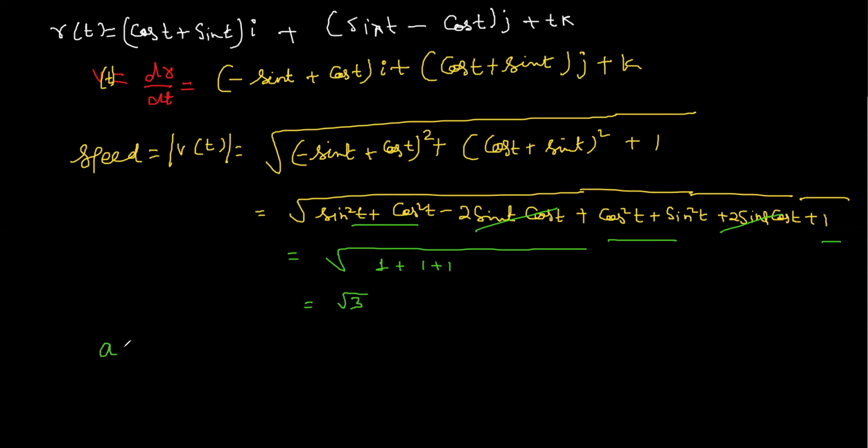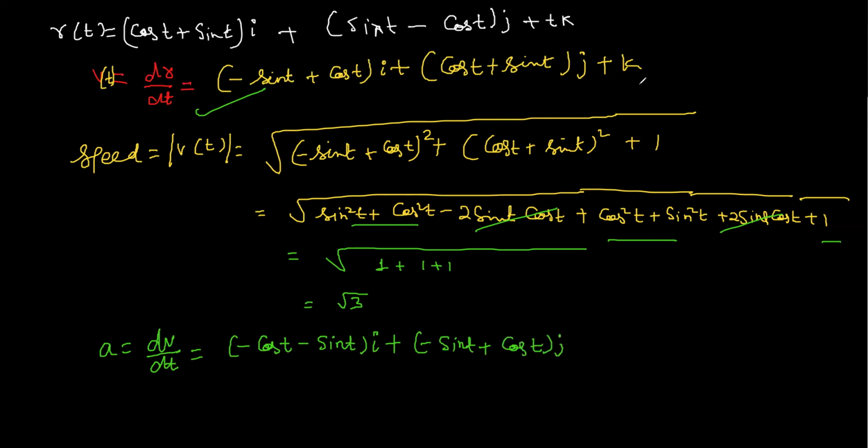Now find acceleration. Acceleration is the rate of change of velocity with respect to time. Again, you have to differentiate this, right? So sin t is what? Minus cos t, minus sin t. And there is no k component, it is 0.